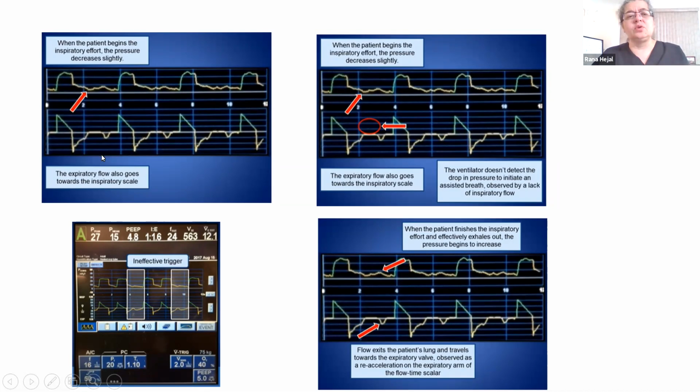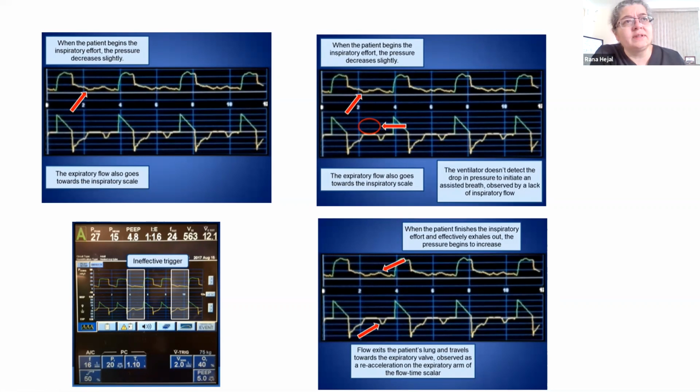And in those settings, you see these little blips in the flow rates and in the pressure curve, but they're not translated into an assisted breath. In those situations, this is a trigger-related asynchrony, and your solution has to come with adjusting the sensitivity of the ventilator.